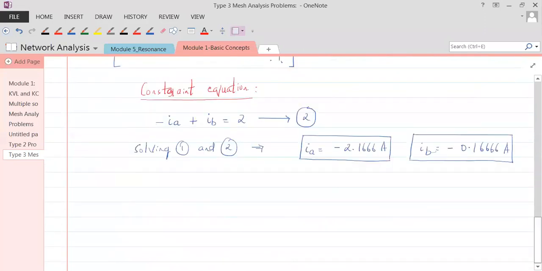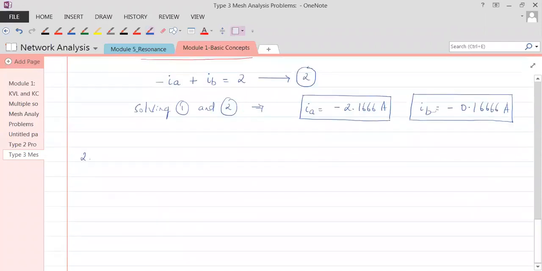So this is another problem, problem number 2. Copy down the circuit, everybody. Let's not waste time copying the circuit. Make it fast.